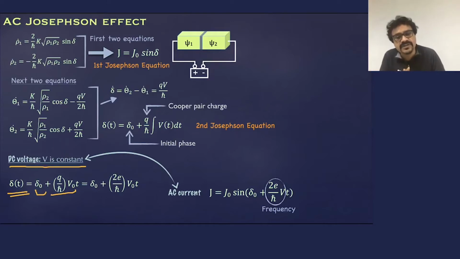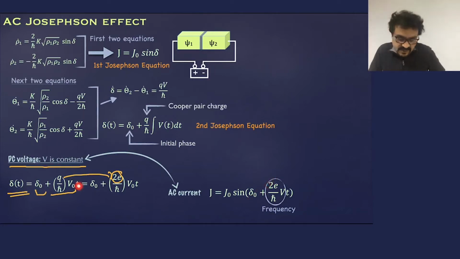Okay, so we can write this in terms of the Cooper pair charge, where q is 2e: 2e by h bar V0 times t, where V0 is the applied constant voltage and t is time. So what we are seeing here is delta is a linear function of time when you have voltage applied, but the current is a function of phase difference.